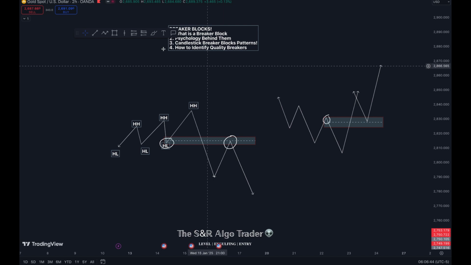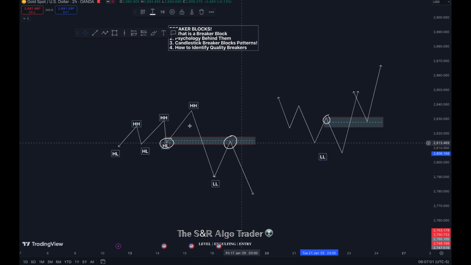Sorry, I have this keyboard function that keeps changing. So a lower low. So we copy this, I'll use it here. So this level becomes a lower high rather.